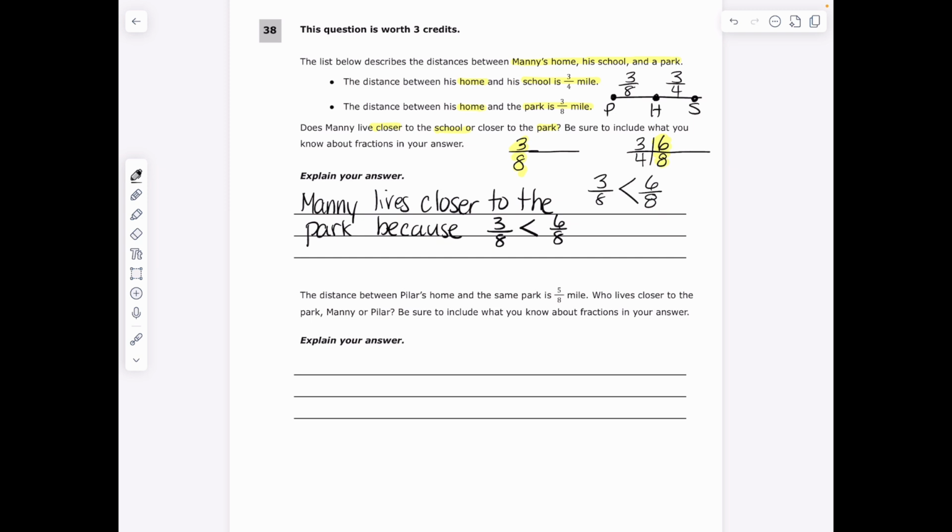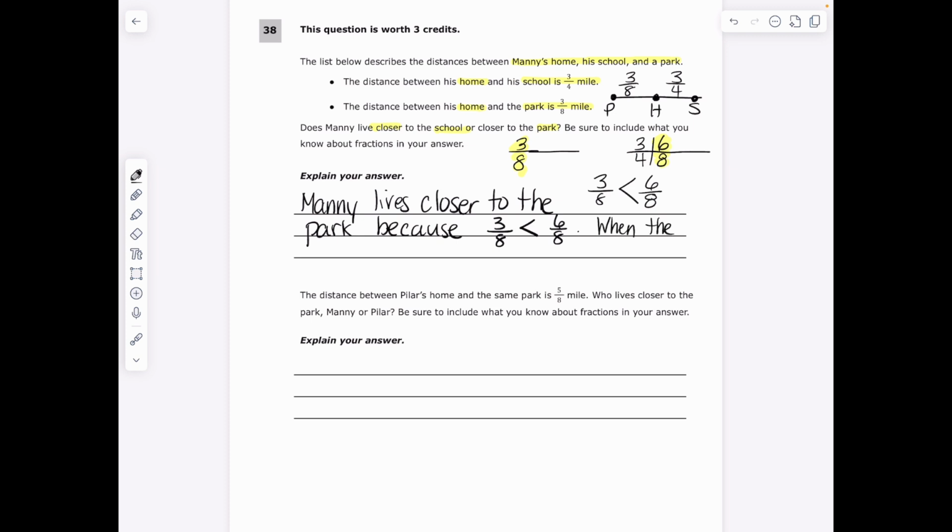Okay, and then I'm going to say, explain my answer. I can compare them because I want us to be able to say that I know this is true because they have the same denominator, but not the same numerator.